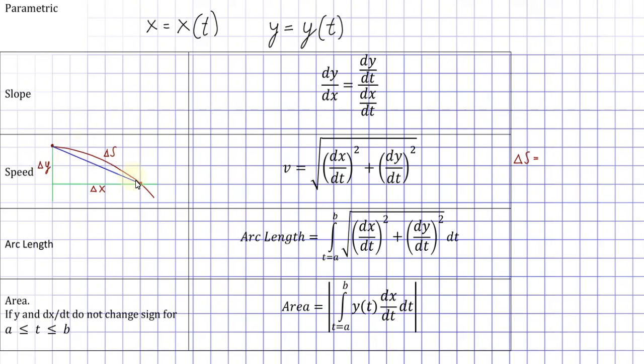Therefore, the red piece of the curve eventually will be equal to the blue hypotenuse. And that's handy. So if the red is equal to blue, then we can use Pythagorean theorem to calculate delta s. And it's equal to sum of the squares of the legs and square root out of this combination. Okay, so this is delta s.